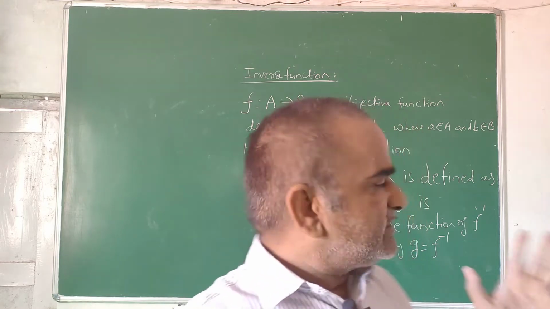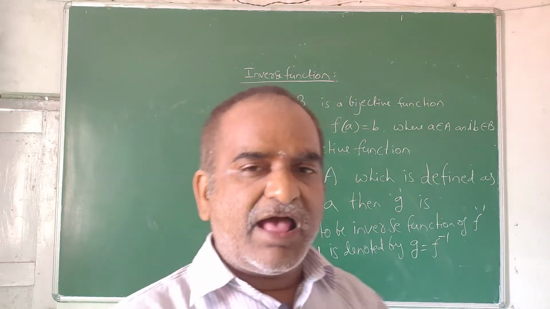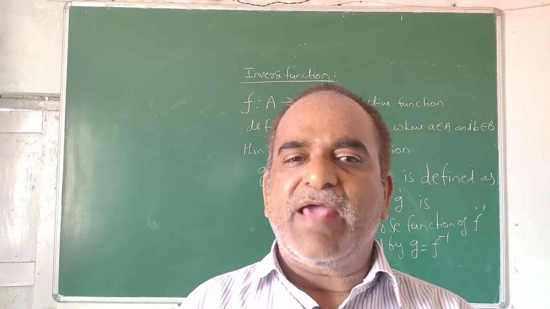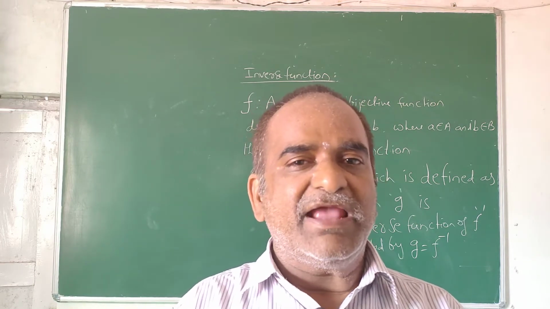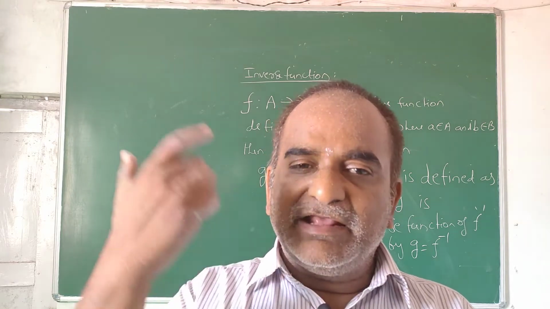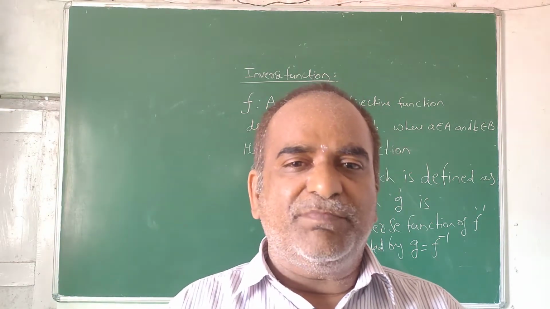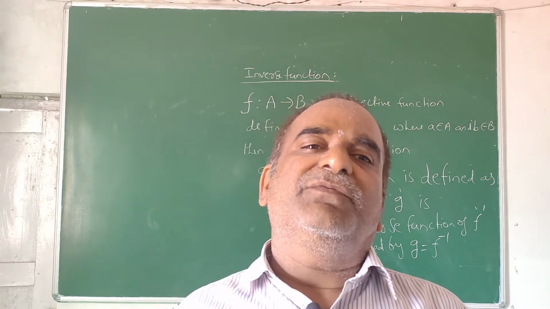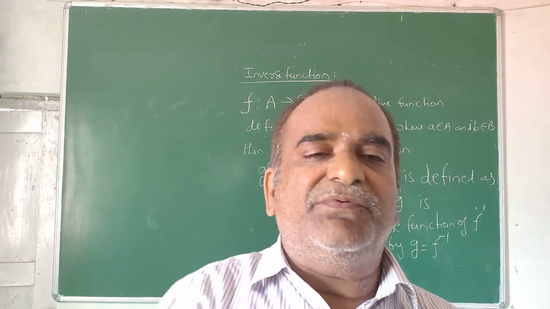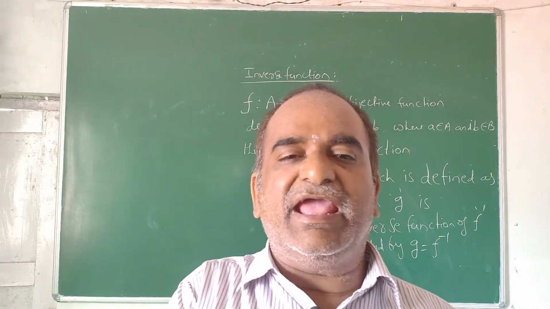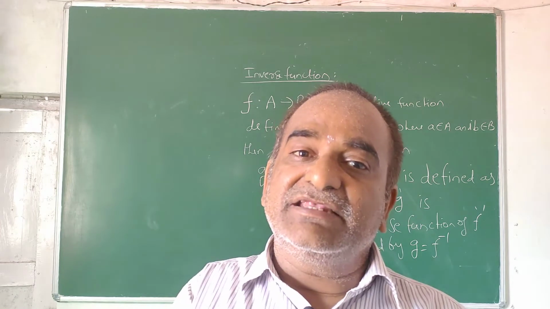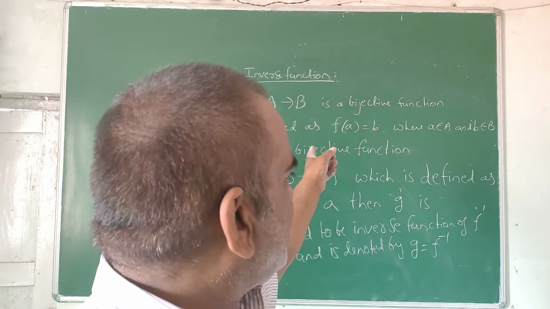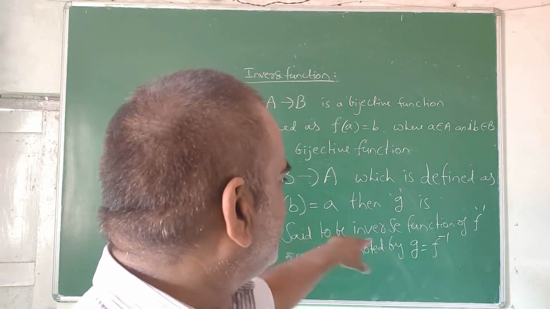So I will explain this definition. Please observe carefully. When there is a bijective function f which maps A into B, and is defined as f of a is equal to b, then under this circumstance, if you take a bijective function g from B to A with the definition g of b is equal to a, please understand that is f of a is equal to b and this is g of b is equal to a.